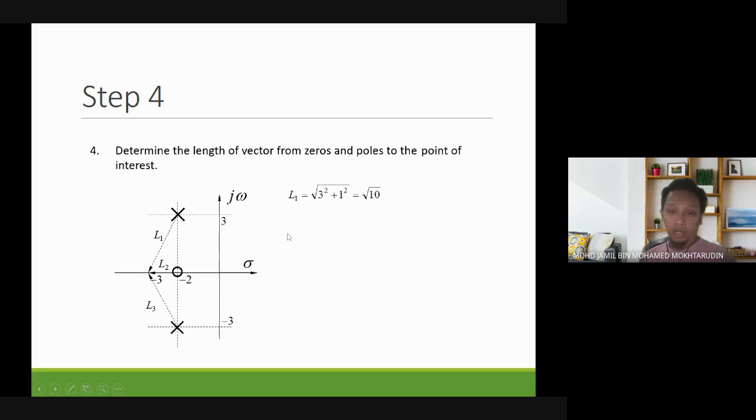First we determine L1. We just use Pythagoras theorem. So 3, the height here, 3 squared plus 1 squared, square root of all that, you get square root 10. So L2 is just 1, the length. And L3, as I said just now, is a mirror image about the real axis of the first pole, the top one here. So it should have the same length.